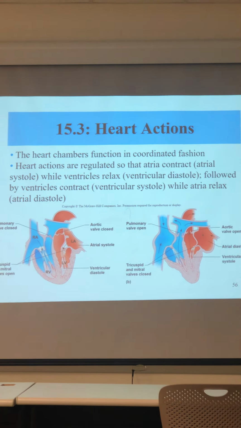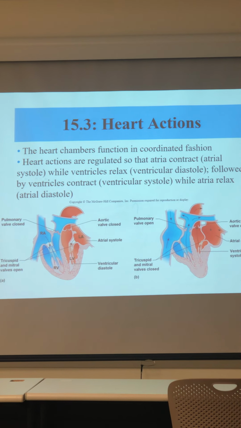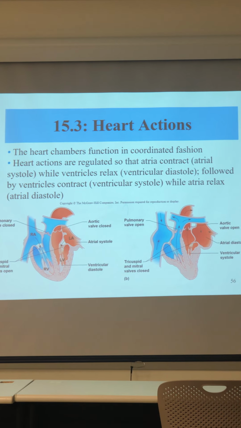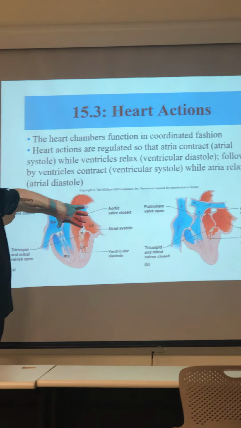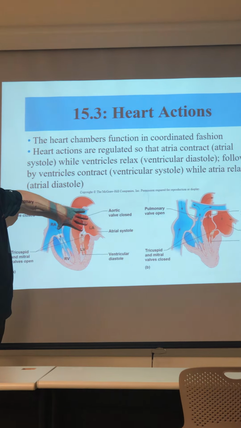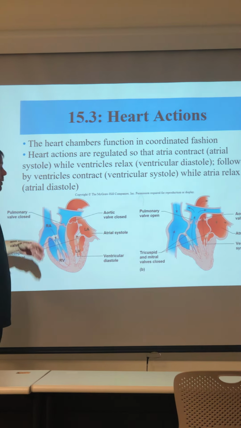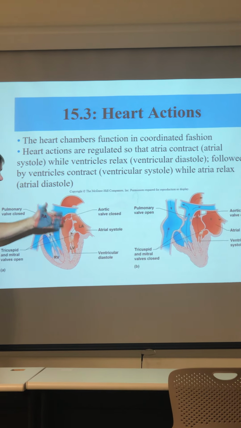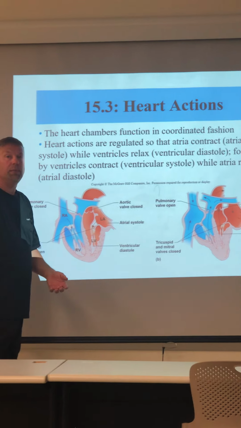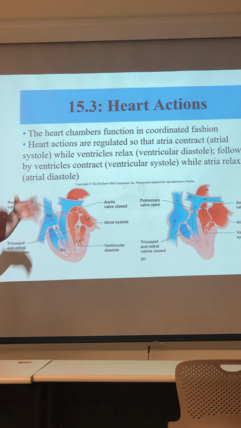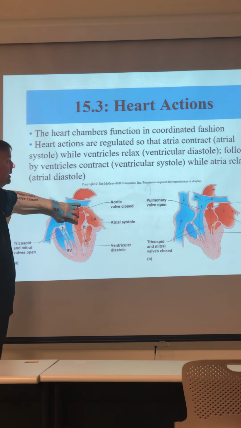Okay, heart actions. The term systole means contraction. The term diastole means relaxation. So blood is going to fill the top chambers simultaneously, and as it's filling the top chambers, they are in diastole, they're relaxed. Once those are full, we open these valves, which I'll cover in the other video, and blood will drop, most of it via gravity, but then there's 25 to 30% that those atria squeeze, and they do that together.